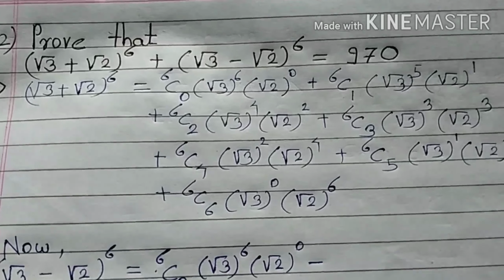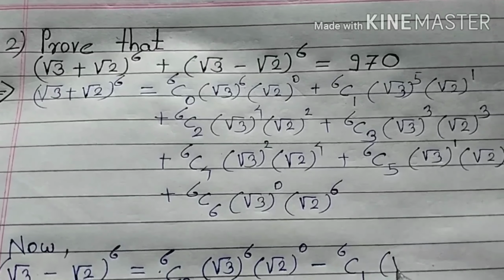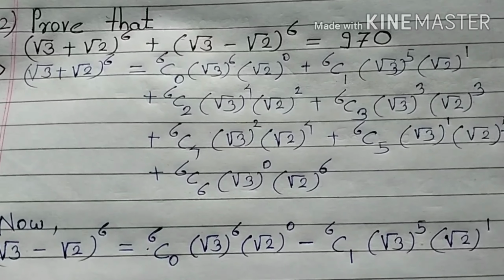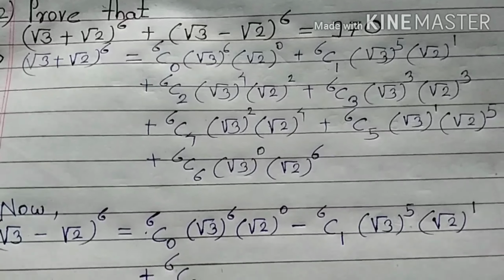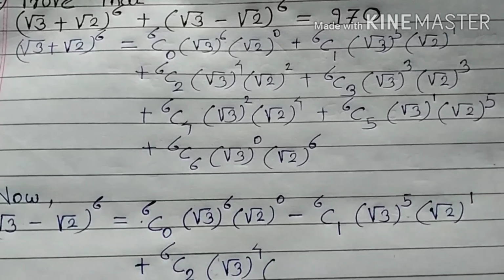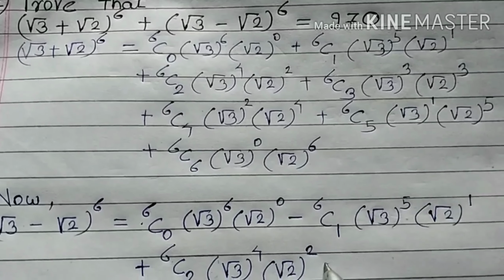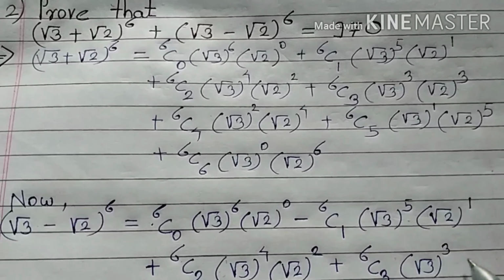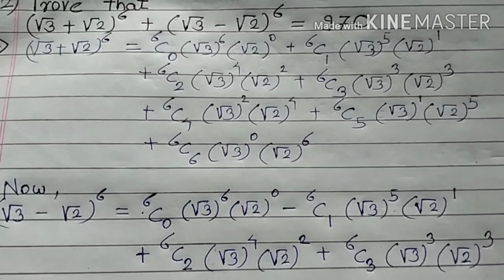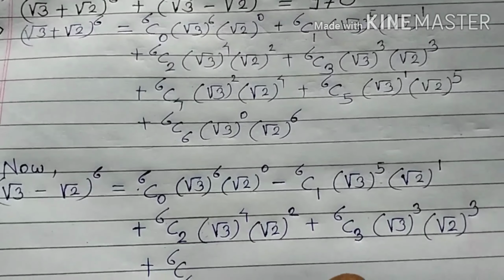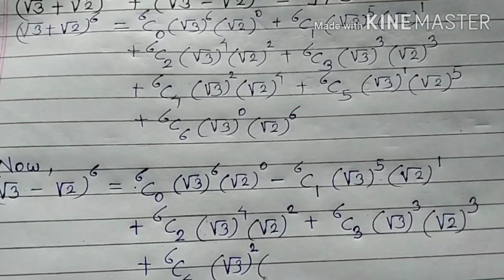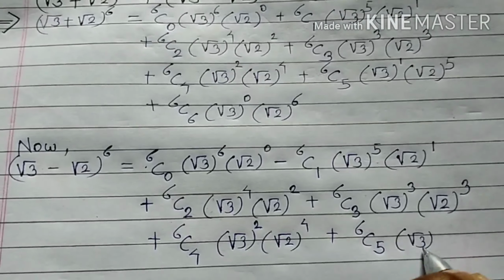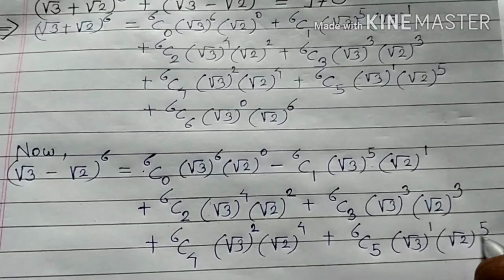First plus then minus: 6C1 (√3)^5 (√2)^1, minus then plus: 6C2 (√3)^4 (√2)^2 plus 6C3 (√3)^3 (√2)^3 plus 6C4 (√3)^2 (√2)^4 plus 6C5 (√3)^1 (√2)^5.